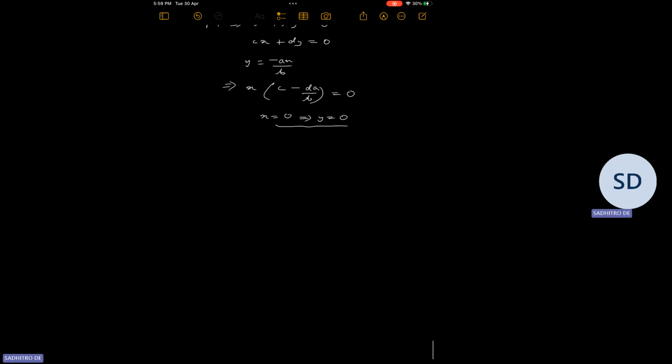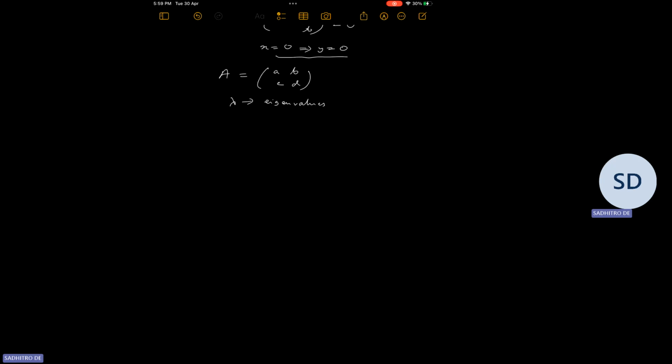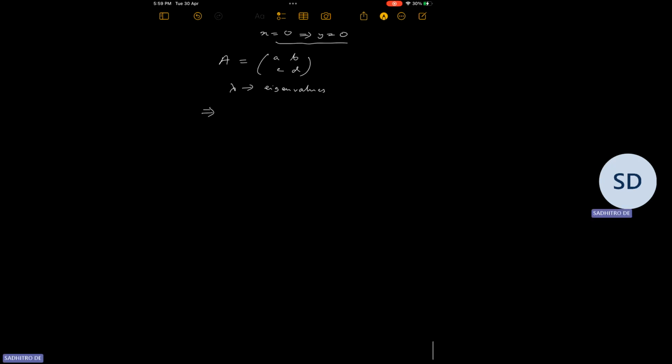So given any particular matrix equal to A, B, C, D, suppose lambda are its eigenvalues, then the characteristic equation for the matrix satisfies A minus lambda into D minus lambda minus BC equal to 0. So if you solve this equation, you will get the two eigenvalues lambda.